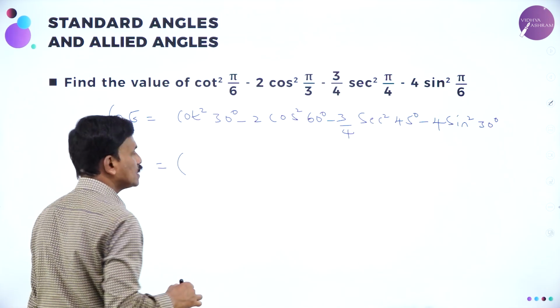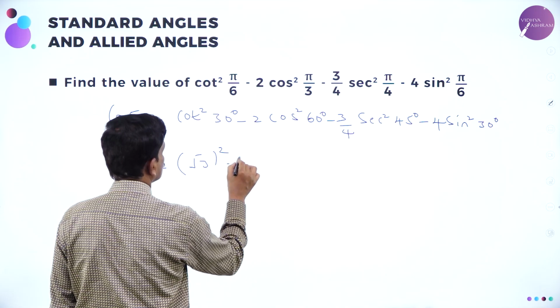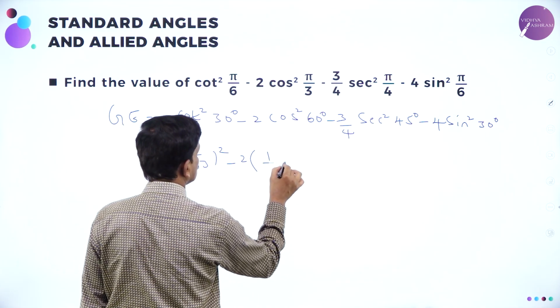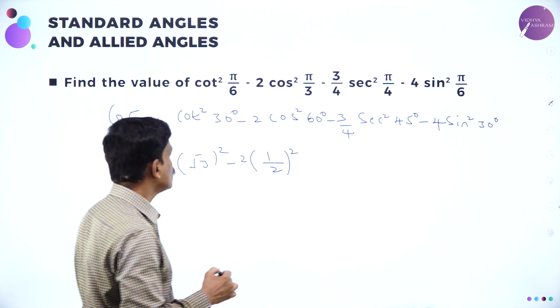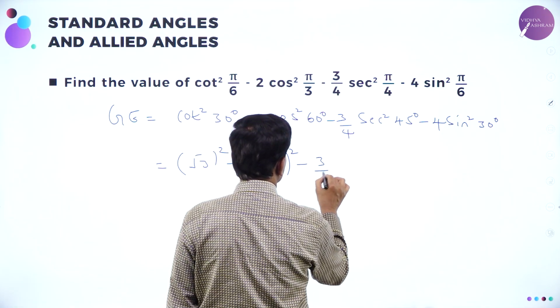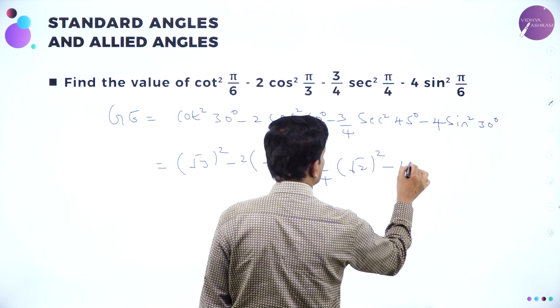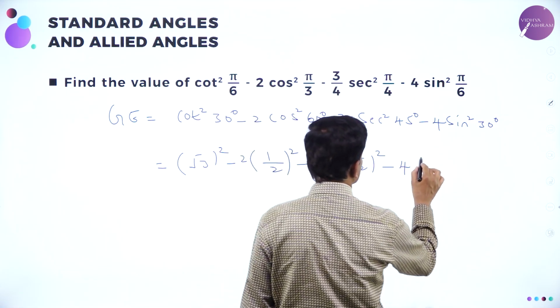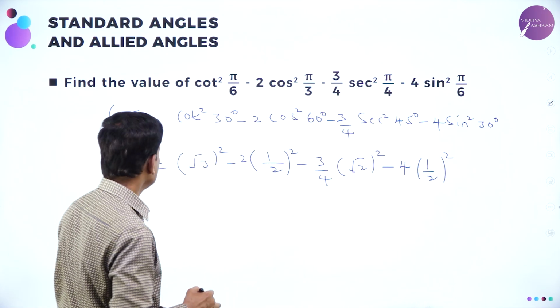What is cot 30? Cot 30 is equal to root 3 whole square minus 2 into cos 60. Cos 60 is equal to 1 by 2 whole square minus 3 by 4 into secant 45 is root 2 whole square minus 4 into sin 30. Sin 30 is 1 by 2 whole square. Right. So, what is this equal to?